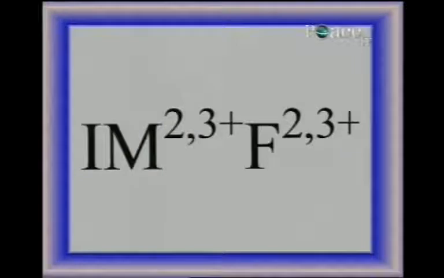Naf'alu, first person, M2, 3 plus, F2, 3 plus. All right? So these 5 dhammas from 14 forms of imperfect will be changed into sukun.